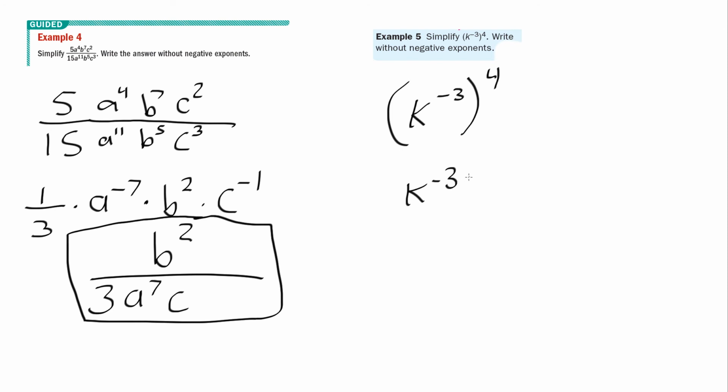That's k to the -12. And there we've got our, oh wait, right, without negative exponents. So we're not done yet. We need to rewrite that without negative exponent. So that would be 1 over k to the 12th. That's our answer without negative exponents.